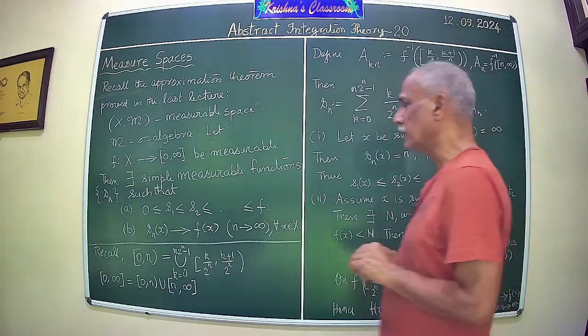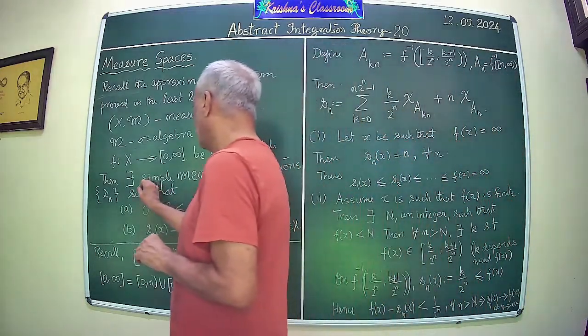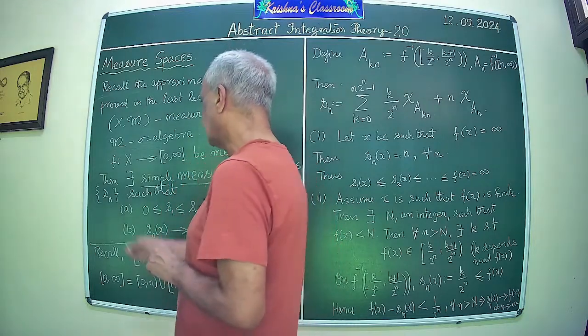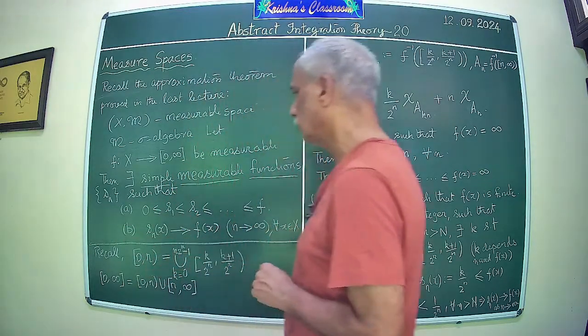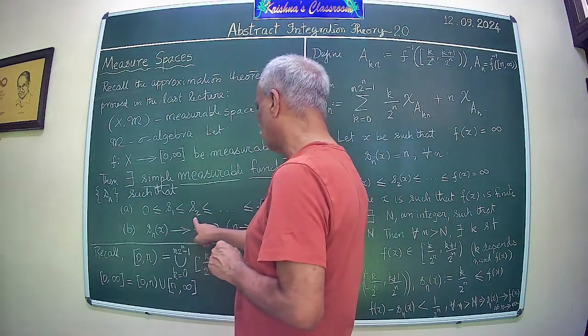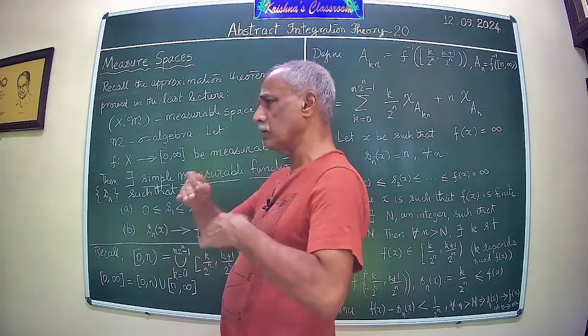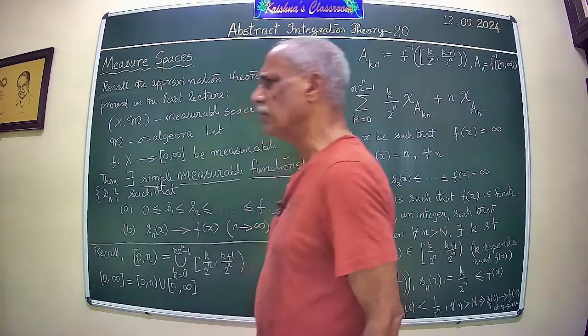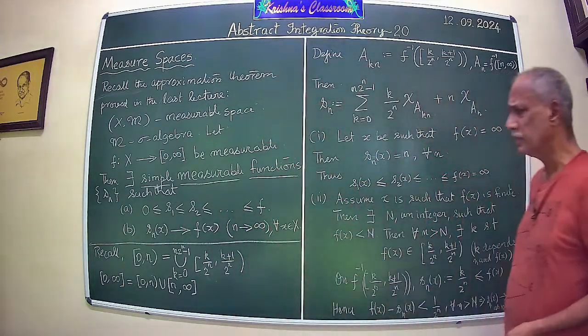Then there exist simple measurable functions Sn such that 0 ≤ S1 ≤ S2 ≤ etc. That means it is monotonically increasing, but all these functions are bounded above by the given f.